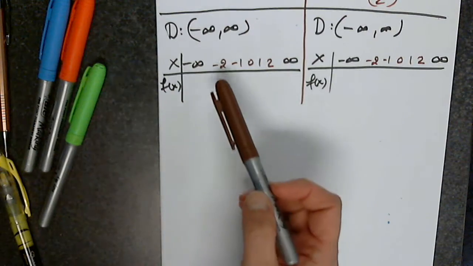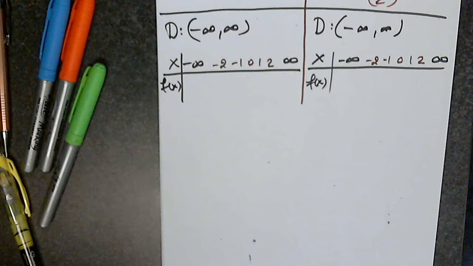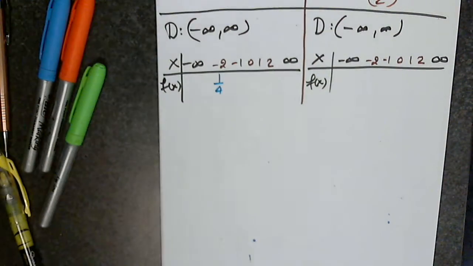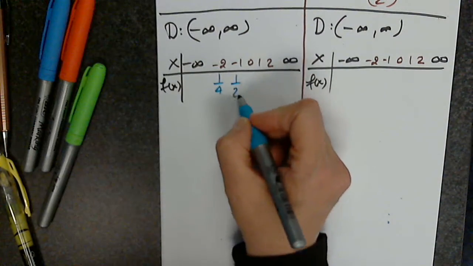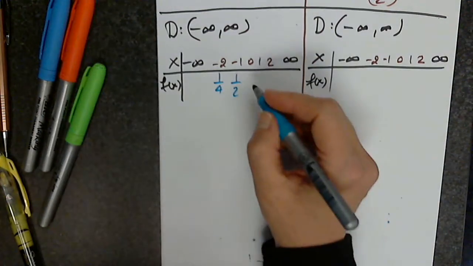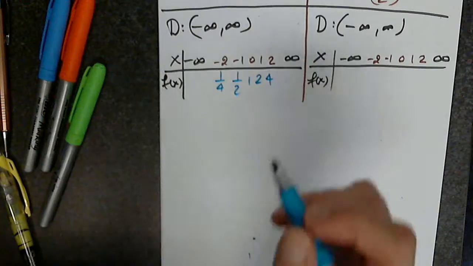And I'm going to ask you to plug in negative 2 and tell me the answer, and I will write it down. Yes, very good, 1/4. I agree. When you plug in negative 1, what will you say? Very good. When you plug in 0, when you plug in 1, when you plug in 2, excellent.